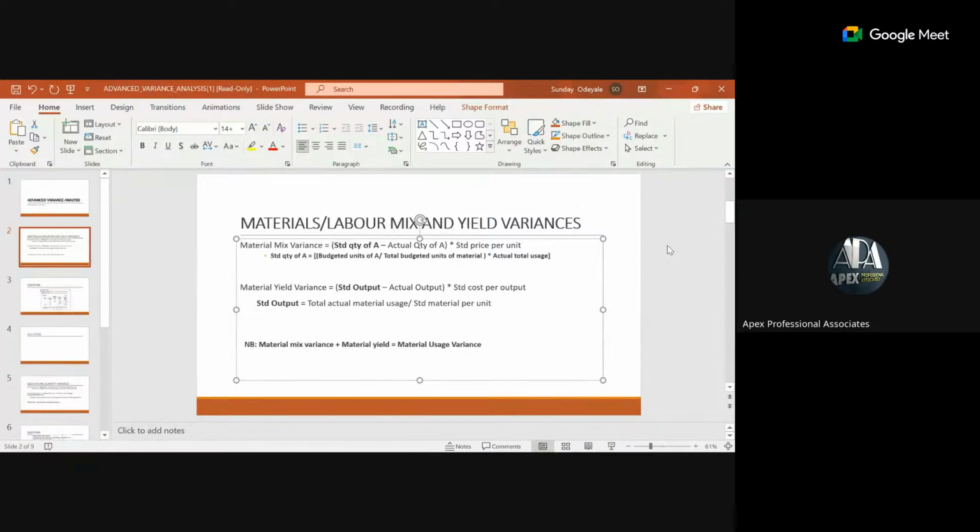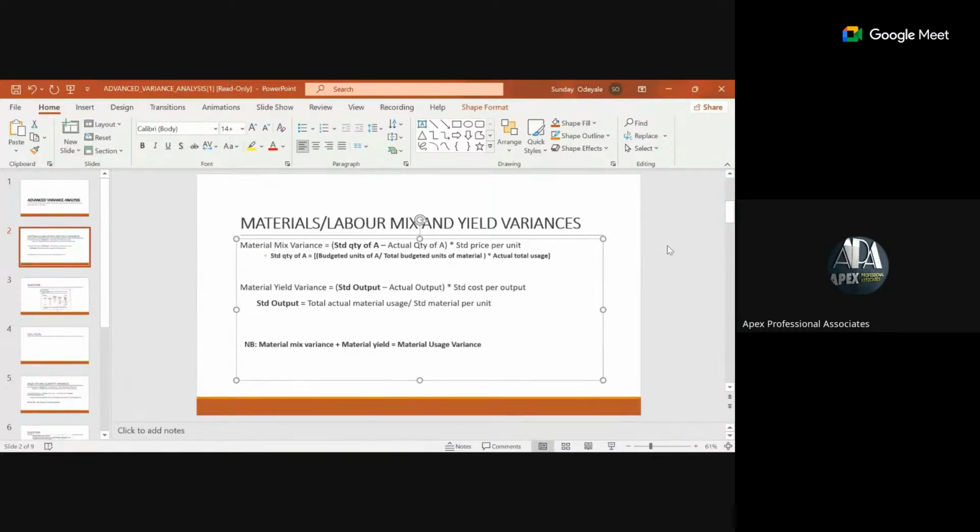Now, what is inside this bracket, you can just call it your standard proportion. So your standard proportion is your budgeted units of material A divided by your total budgeted unit. And then you can now multiply your standard proportion by your actual total usage. You'll see better when we get to the example.